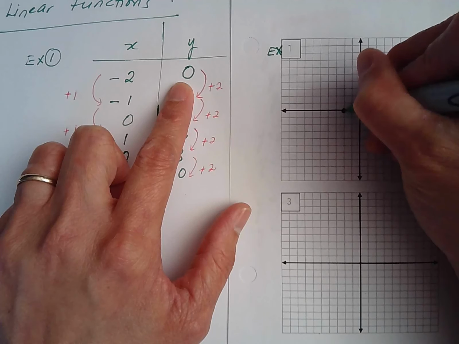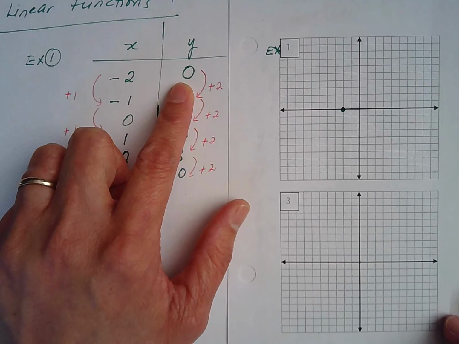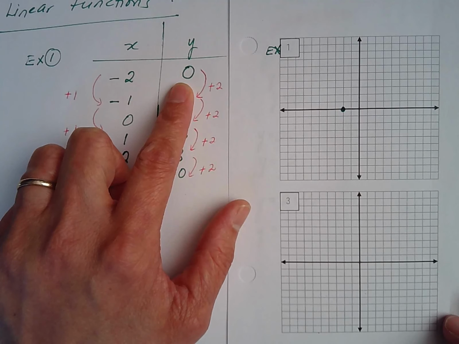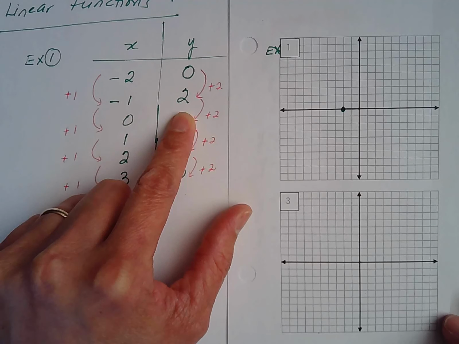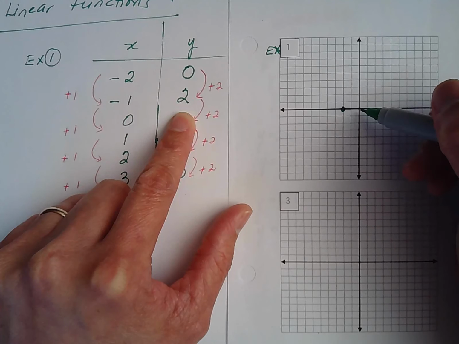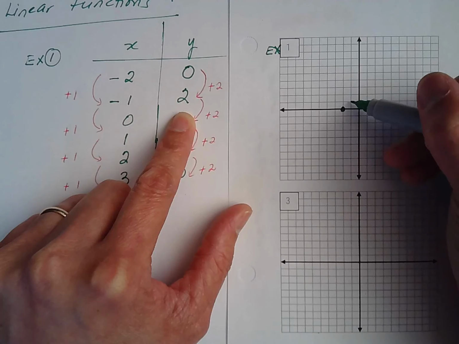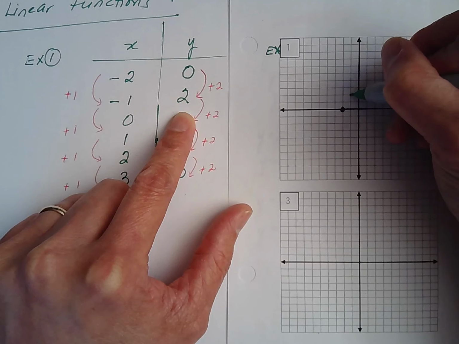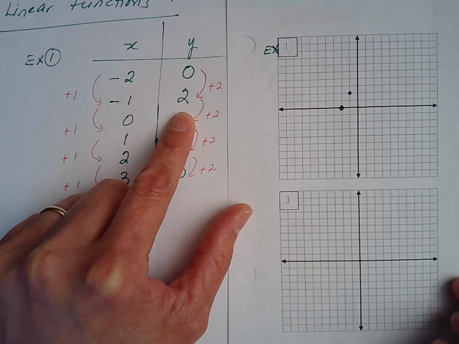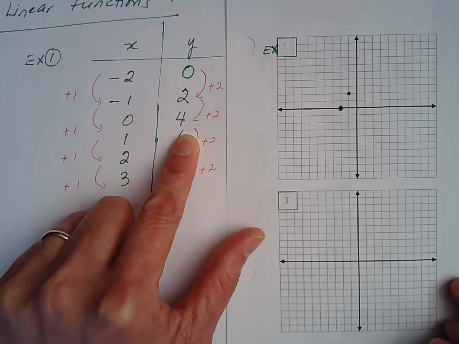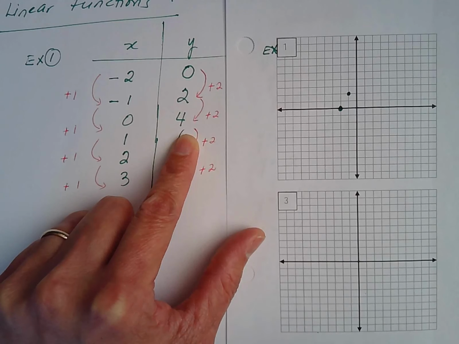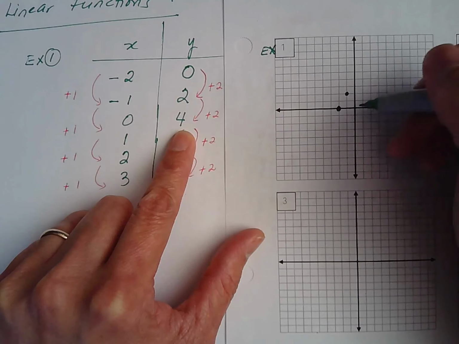We're just going to use a scale of 1 for each one. Negative 1, positive 2. Starting at the origin, you go left 1 and then up 2. Then 0, 4.